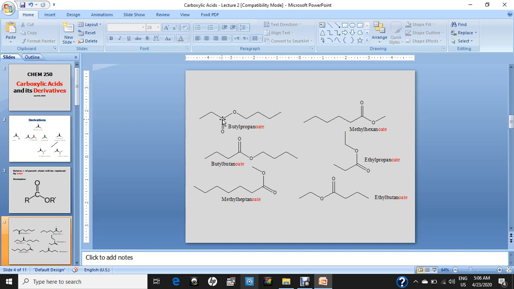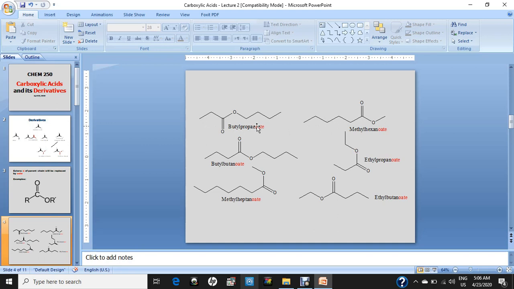That is why we have to consider this as the main chain: 1, 2, 3. How many carbons on the other side? 1, 2, 3, 4: butyl. How many carbons here? 1, 2, 3: propane. E will be replaced by OATE. So butyl propanoate. Similarly here there is only one carbon, methyl, and 1, 2, 3, 4, 5, 6: hexanoate.